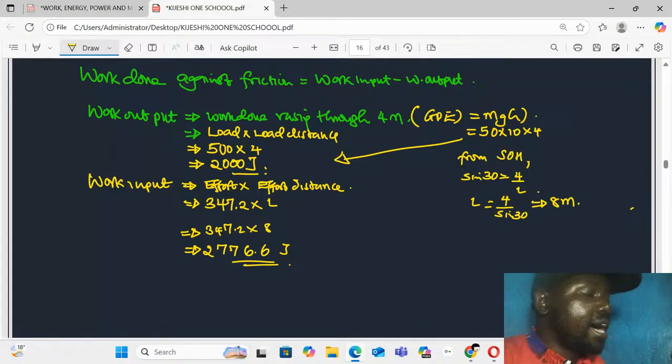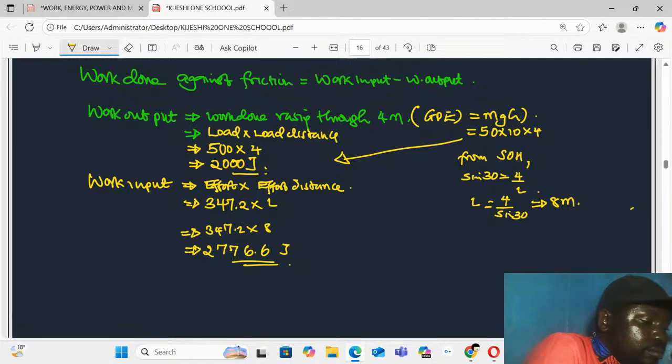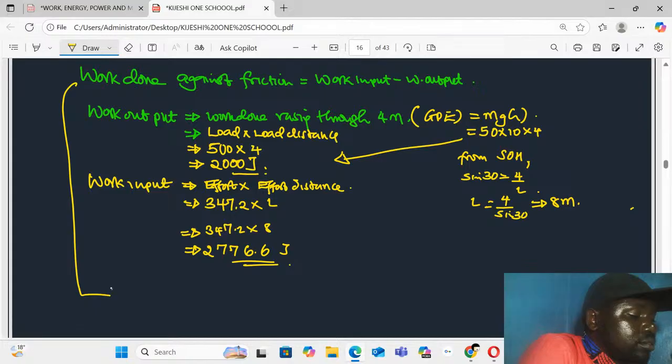Now, the work done against friction will be the work input minus the work output. So the input will be 2776.6 minus 2000.